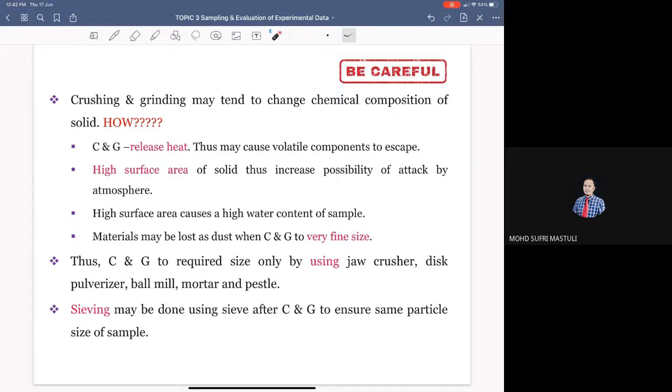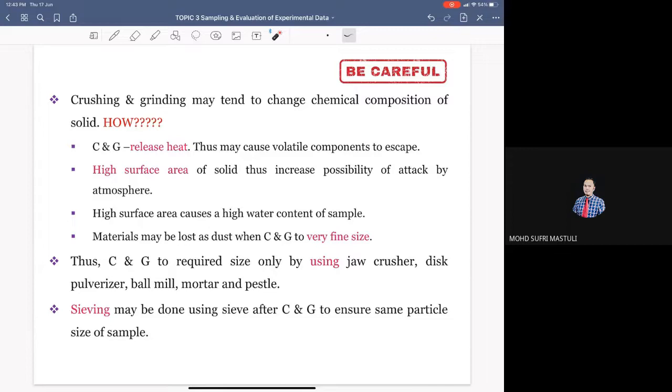Also, when we crush or grind the solid sample into smaller particles, the surface area increases. This increases the possibility of attack by the atmosphere, and a higher amount of moisture or water will be absorbed on the sample. Also, during crushing and grinding, some of the material will be lost as dust.